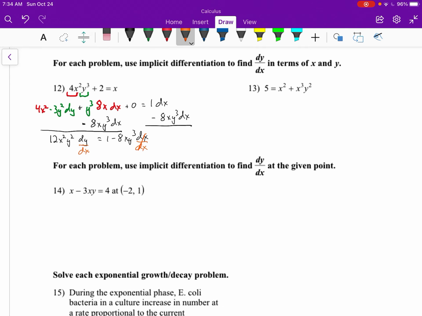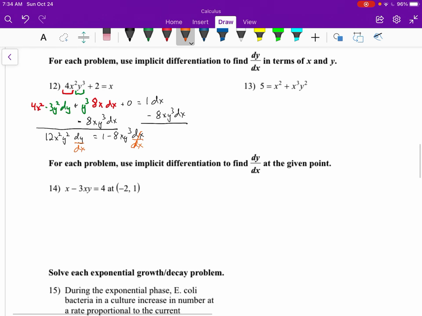Let's cancel here on the right. And then we'll also divide by 12x squared y squared.